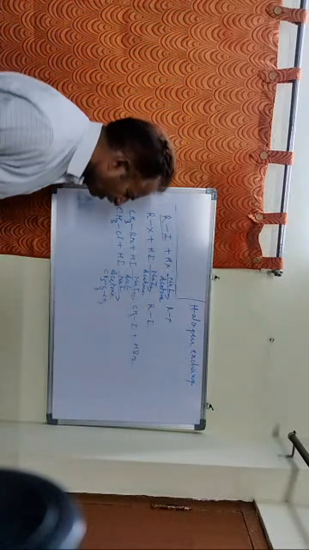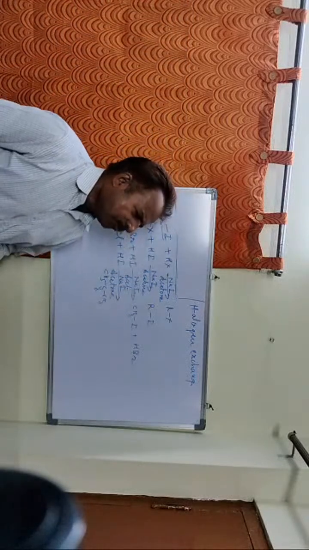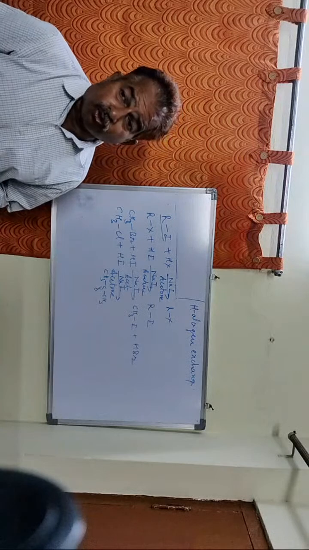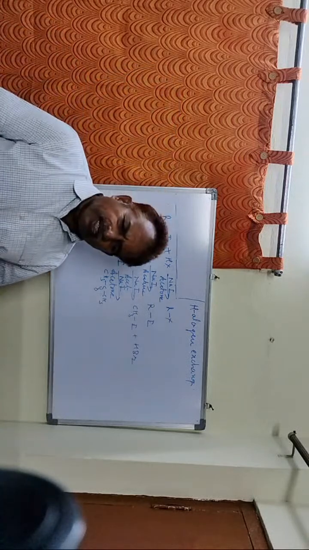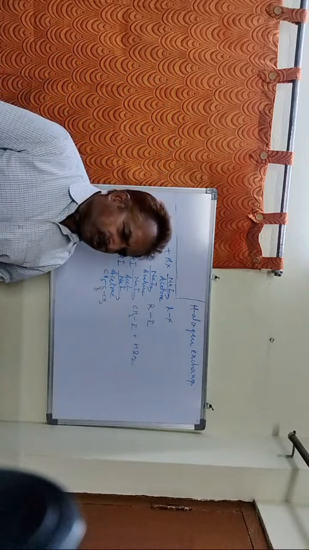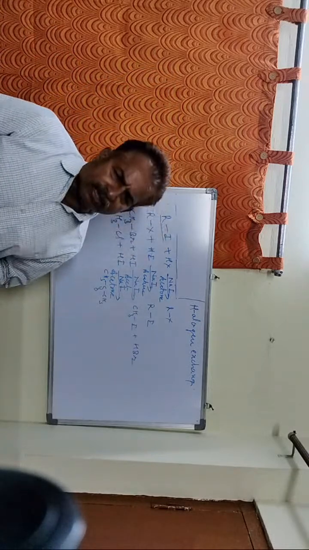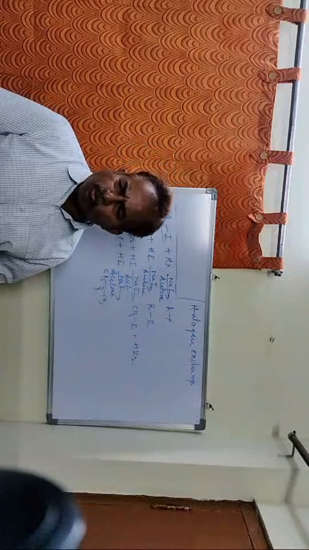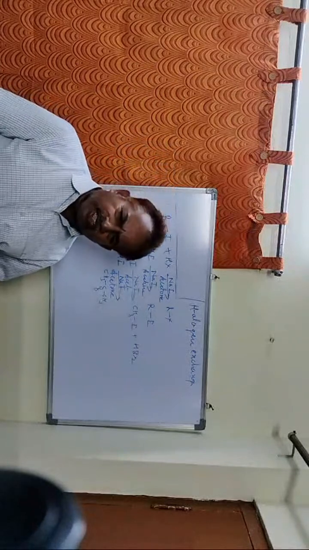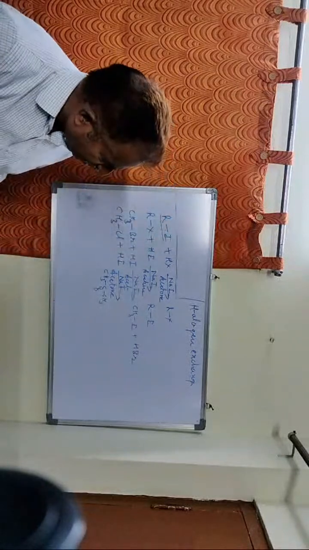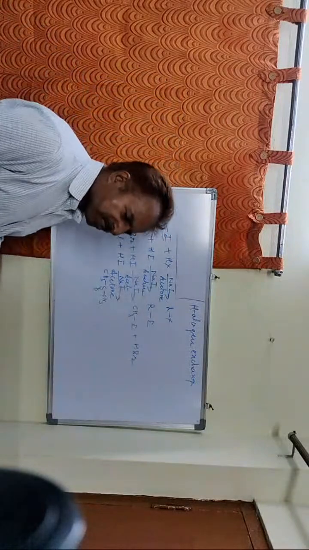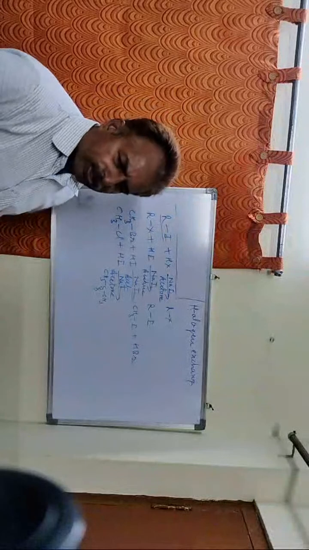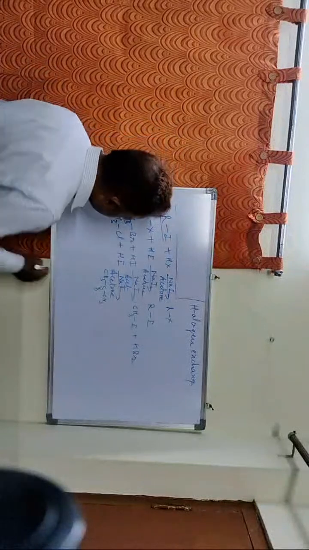Previously we carried out the addition of bromine in the presence of carbon tetrachloride. Carbon tetrachloride is the reaction medium, because both bromine as well as ethylene are gases. In gaseous state the reaction does not take place, therefore there must be a reaction medium. That means some other substance is required to carry out the reaction.